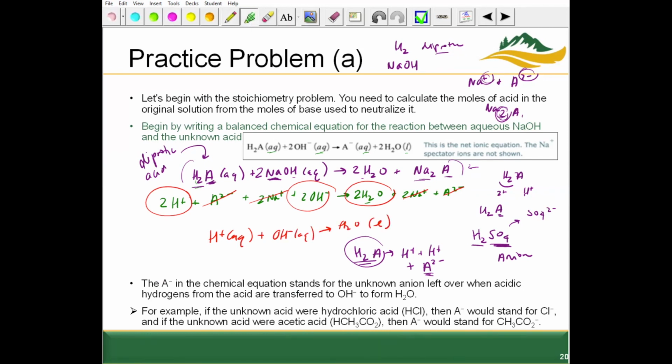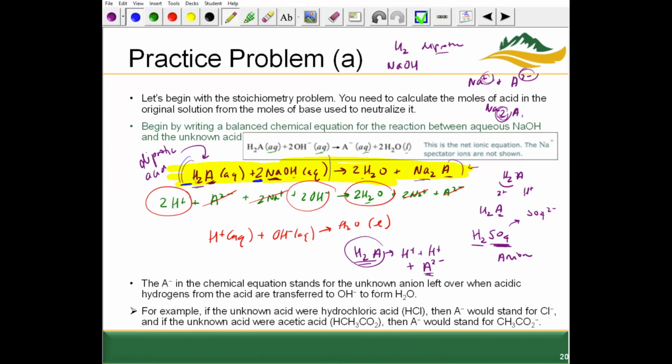Now we went on to write out that whole net ionic equation, but I want to bring you back up here to this initial reaction. The important part in this initial reaction is to notice how many moles of base are needed to react with how many moles of our unknown acid. This is the important connection that we need.